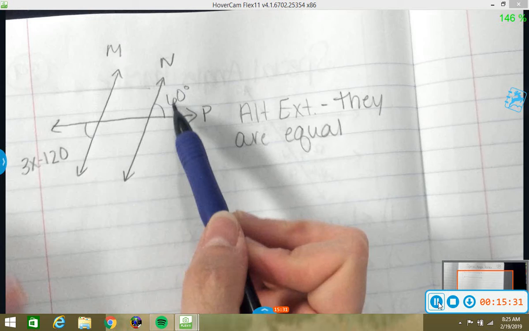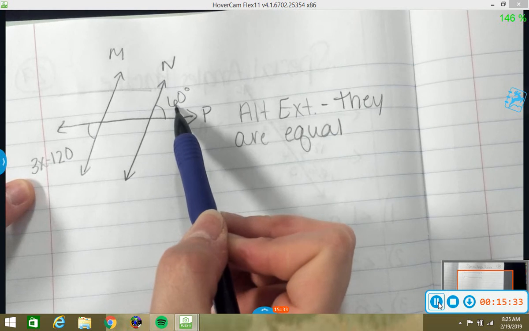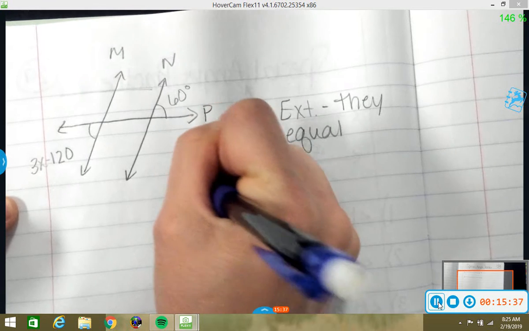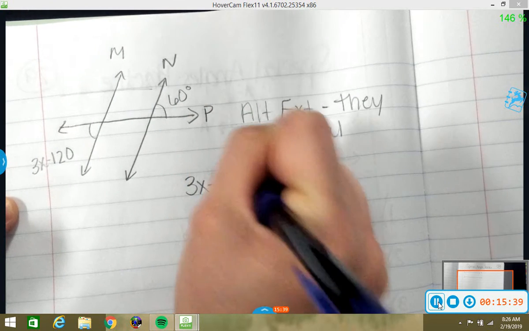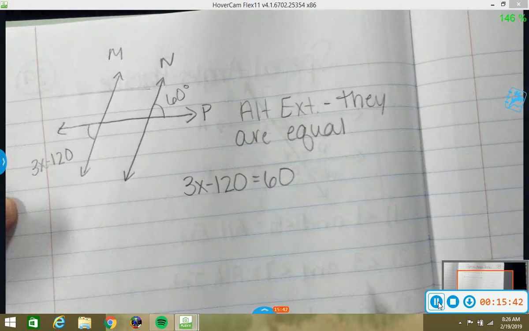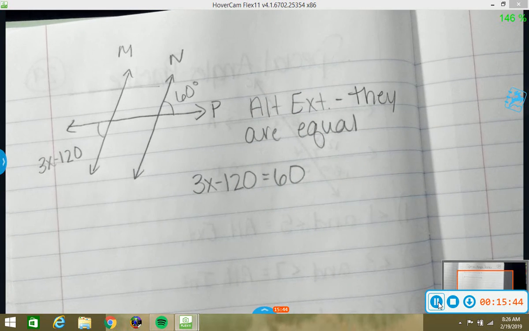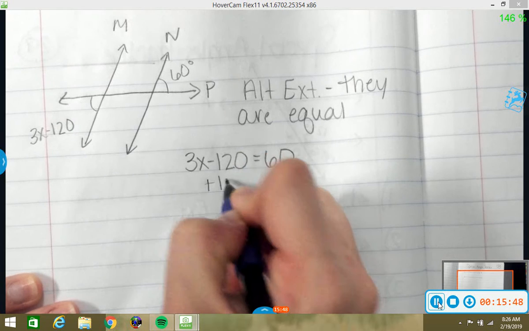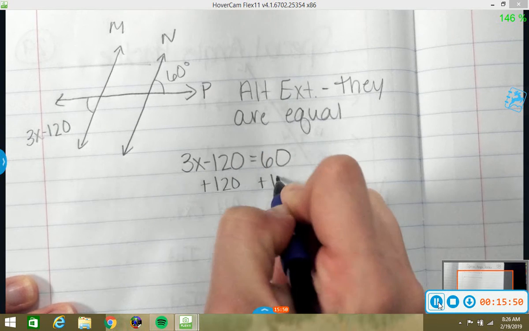So what can I do between 60 and 3x minus 120? 3x minus 120 equals 60. Right. We can put an equal sign between them. And now we just have a two-step equation. What do I need to do first? Add 120. Okay.